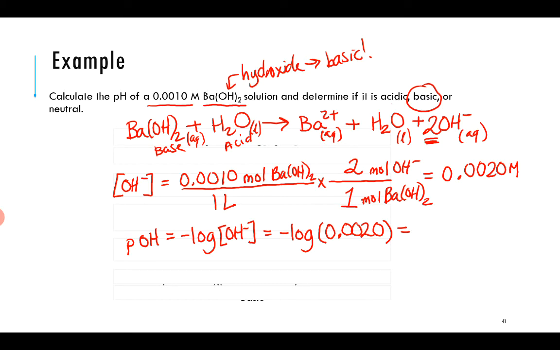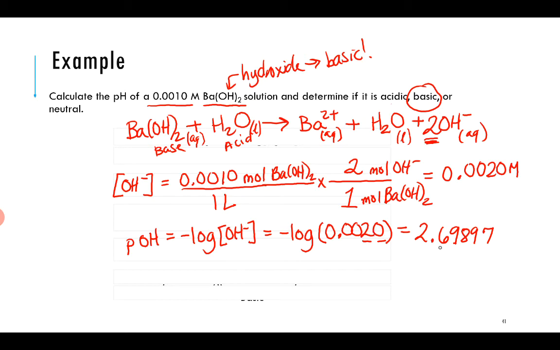and so you should end up with 2.69897. And then that's my pOH. Now, based on my significant figure rule, I have 2 significant figures going into the logarithm.